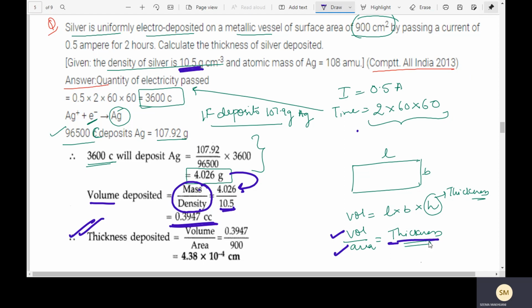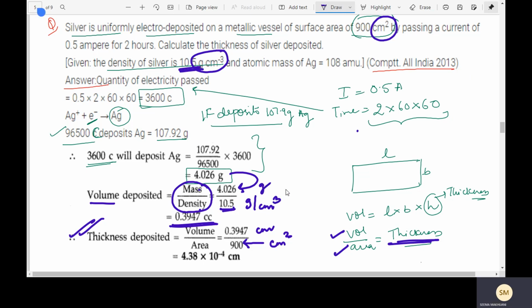Thickness, as I said, to find it you require volume divided by the area. Area is given to you, but the area was in centimeter square, and your volume you have also found in centimeters. How? Density was grams per cubic centimeter and mass was in grams.